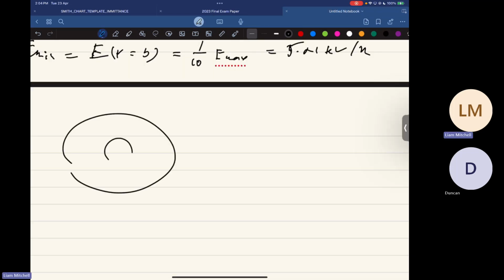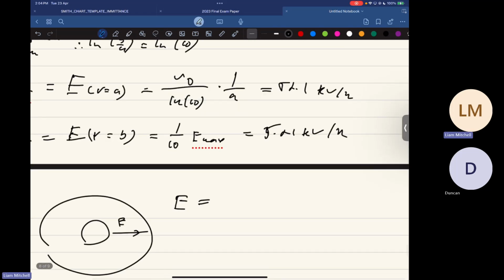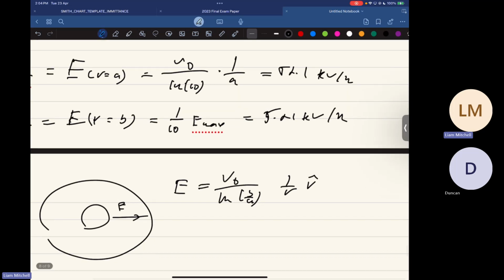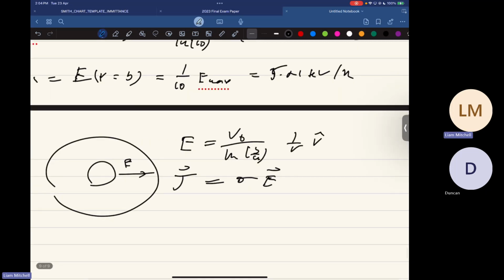We know that E is equal to v naught over ln b on a, times 1 over r, r hat, right? And also that's the point version of Ohm's law. We have J is sigma E, correct?